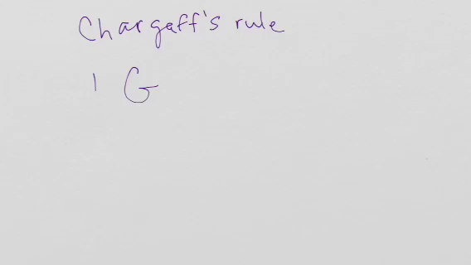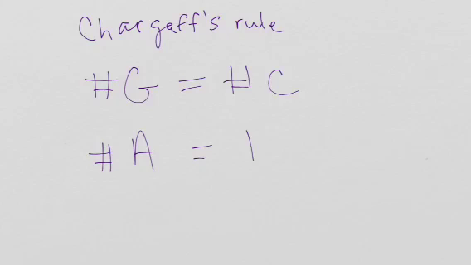So Chargaff's rule states that the number of G's are always going to be equal to the number of C's, right? Because they bond together. The number of A's are always going to be equal to the number of T's.